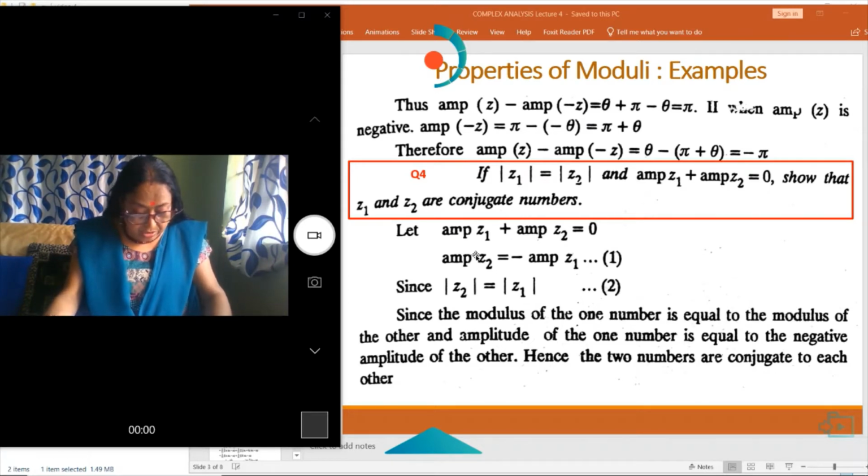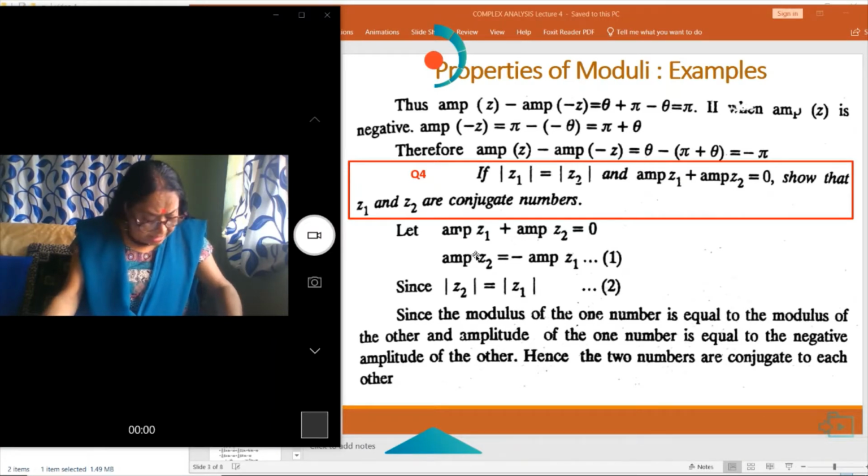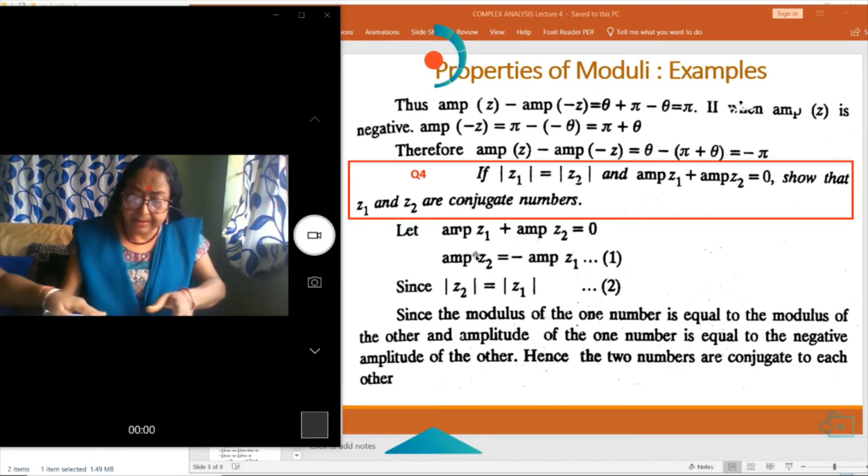That is, amplitude of z2 is equal to minus amplitude of z1, since mod z2 is equal to mod z1. Hence, the modulus of one number is equal to the modulus of the other number, and the amplitude of one number is equal to minus of the amplitude of the other number. Hence, the two numbers are conjugate to each other.